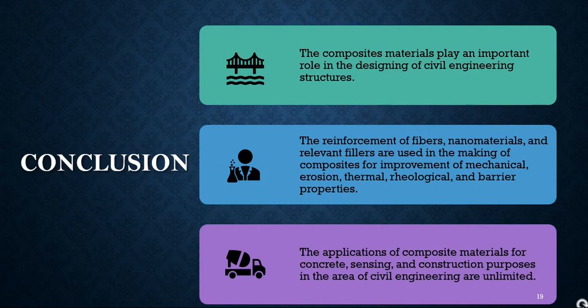From the applications listed for smart composites, it is evident that the applications of composite materials for concrete, constructional applications, rehabilitation, sensing, etc. in the areas of civil engineering are unlimited.